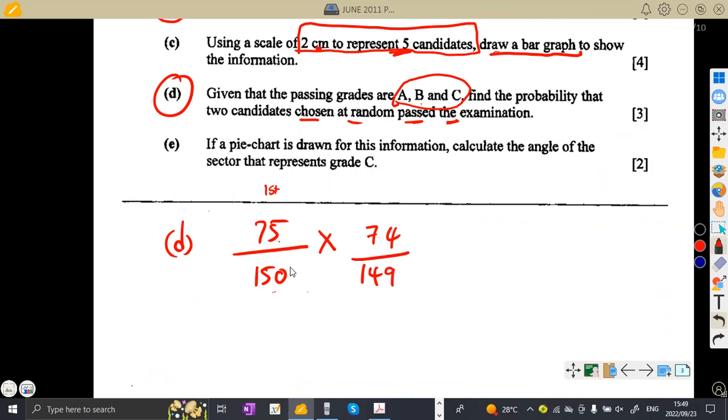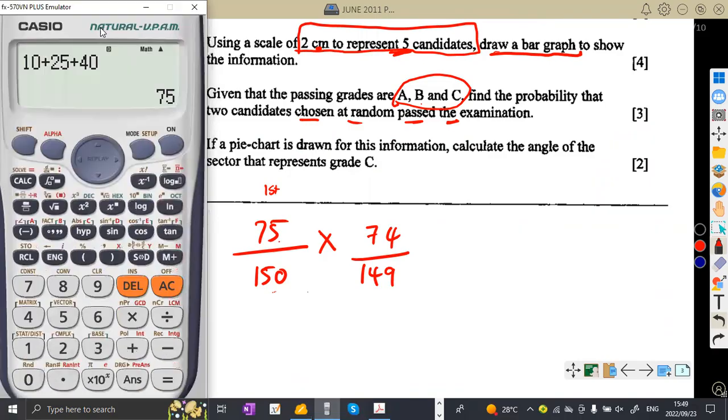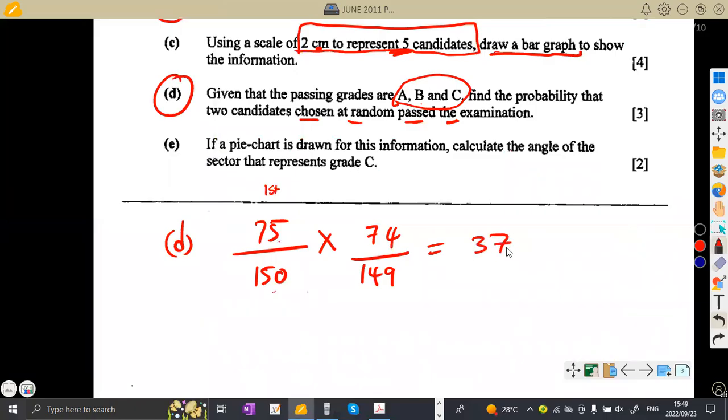Remember, we removed one of the students there. All right, so this one, guys, even with the calculator, you can just simplify straight there. 75 over 150, whatever we get here, we multiply by 74 over 149, which is going to give us 37 over 149. So this is 37 over 149. So just like that, we are done.